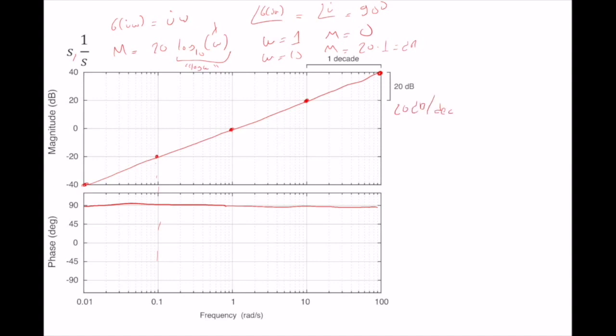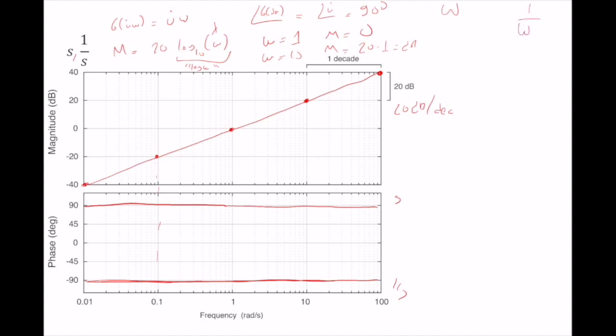Let's go back to 1 over s and try to find its phase and magnitude. Phase is very easy. So what's the difference between s and 1 over s? It's just the phase shifted, as we put a minus. So it's easy to see that the phase of 1 over s is minus 90 degrees. We just shift the phase. So what about the magnitude? If we compare them in linear scale, the magnitude of one of them is omega, the magnitude of the other one is 1 over omega.